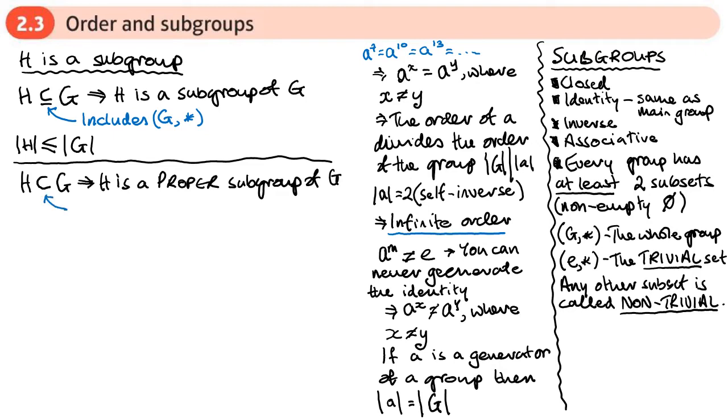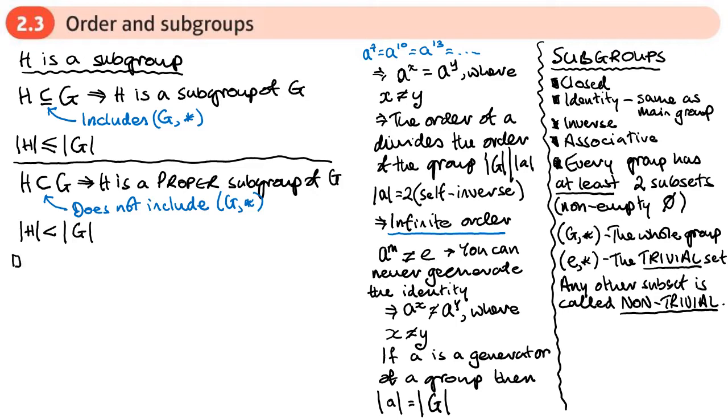So this little symbol here without the extra line means it does not include the whole group. So that means that the order of H is always going to be less than the order of G. The order of the subgroup is always going to be less than the order of the main group.